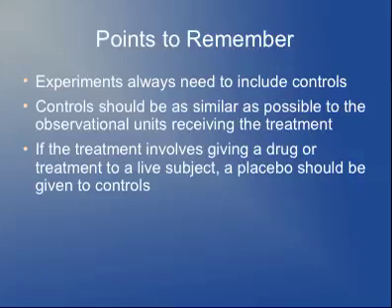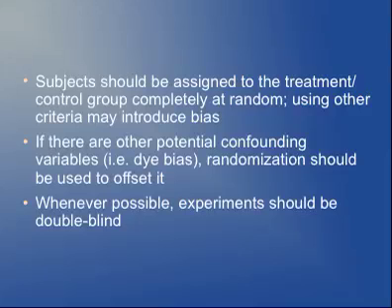And if the treatment involves giving a drug or a treatment to a live subject, then you should give a placebo to controls to avoid potential bias or confounding due to the placebo effect. And you want to try to make the assignment to the treatment or control group completely at random. If you use any other criteria, it can potentially introduce bias.